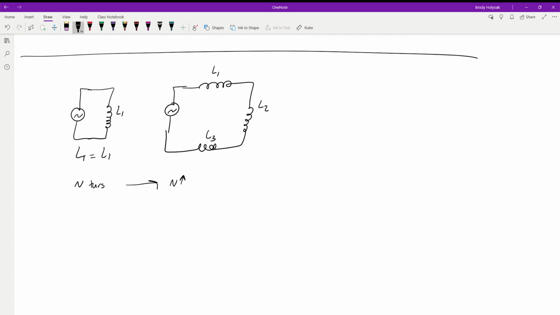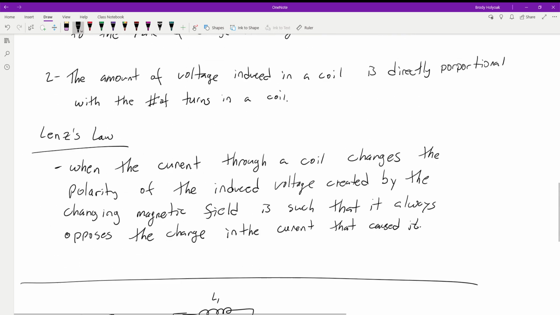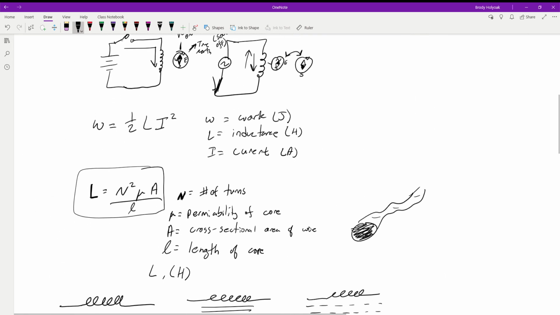For all intents and purposes, the length of the core isn't going to be adding up in this. The only thing we're changing is the number of coils that we have. We're using the same wire, the same everything else. As the number of coils goes up, the inductance is also going to go up, as we can see from our parameters table.